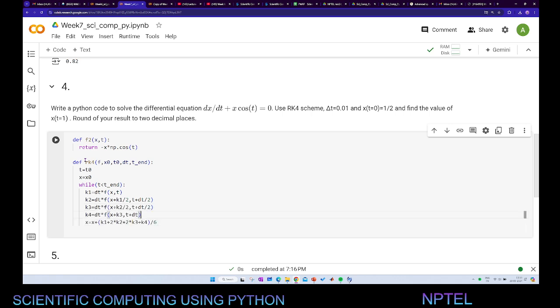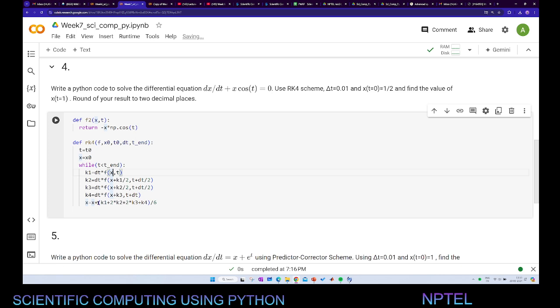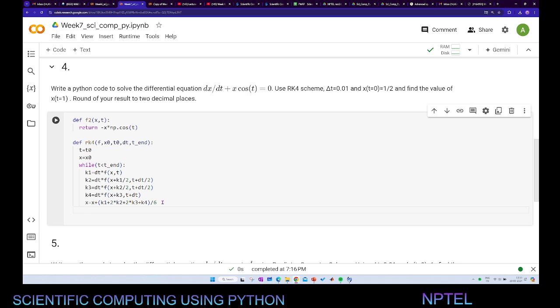K4 is the same as the first step but with x being x plus k3, and t being t plus dt. And x is this linear combination of k1, k2, k3, k4 with 1, 2, 2, 1 coefficients. Okay, so this looks correct. And then we return x. Oh, we have to update the time also.